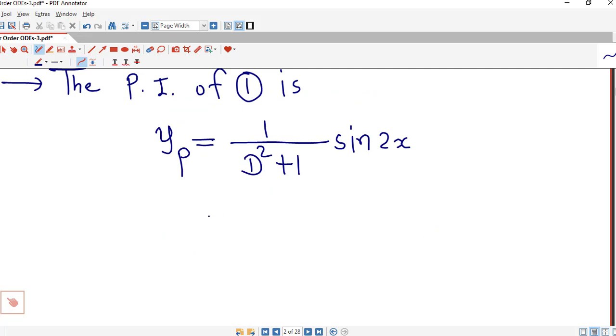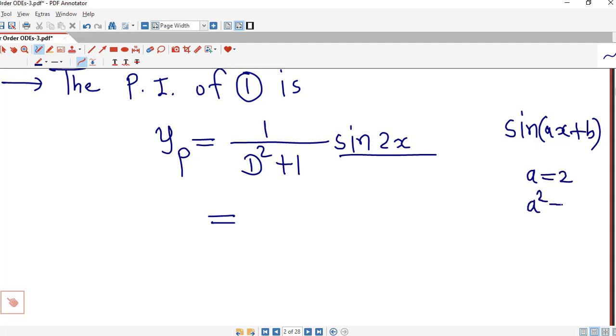Now if we compare this function with sin of ax plus b, we have a equal to 2, that is a square equal to 4. And here we have to replace D square by negative of a square, that is negative of 4, that is D square equal to minus 4.